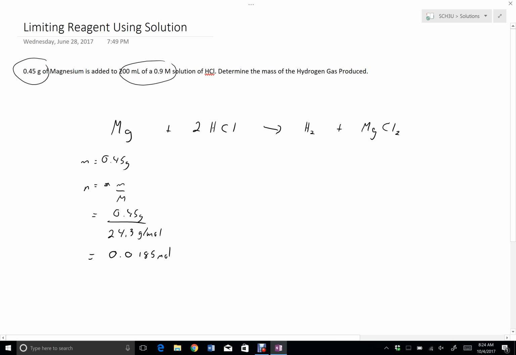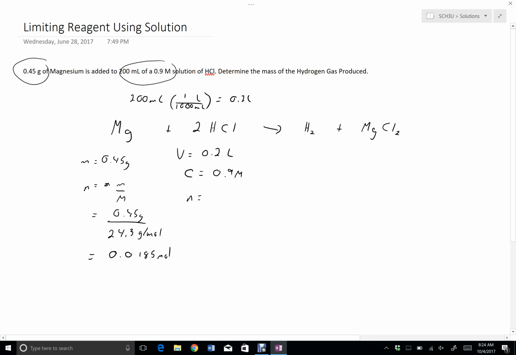Okay, now I'm going to calculate the moles of HCl. I have a 0.2 liter volume solution, so 200 milliliters. Divide out the milliliters, put in liters. So that is 0.2 liters, okay? And its concentration is 0.9 molar.